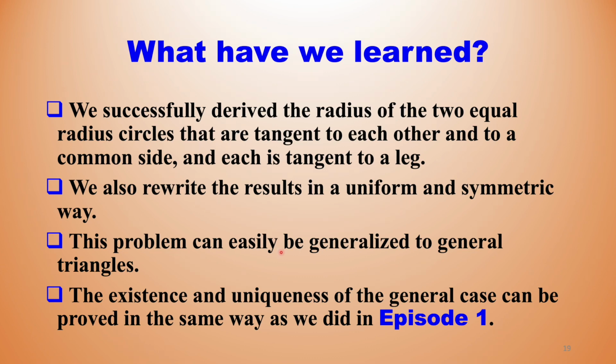And this problem can easily be generalized to general triangles by the use of the radius of the incircle. The existence and the uniqueness of the general case can be proved in the same way as we did in episode 1. And this ends our episode 2.